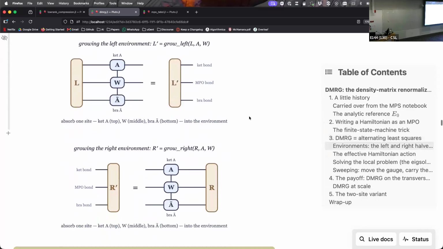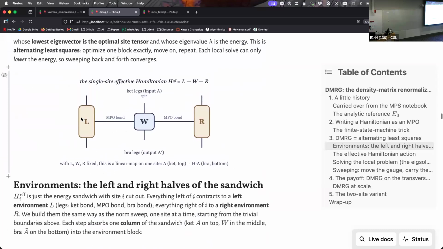And so what is happening on the left is I come from the edge and I just take this environment and move it all the way over. And I'm doing the same from the right, where I start from the edge and I just absorb tensors and tensors and tensors all the way to the center. And finally, I end up with this effective Hamiltonian that is acting on the state.